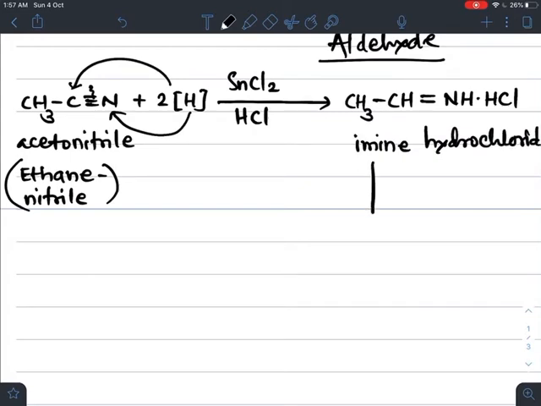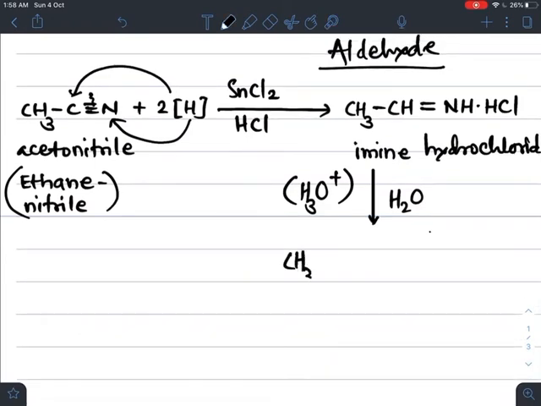It further undergoes addition of water, or simply we can write H3O plus. The bond breaks from here, and this oxygen gets added to this carbon. So we get CH3CHO plus the byproduct NH4Cl.